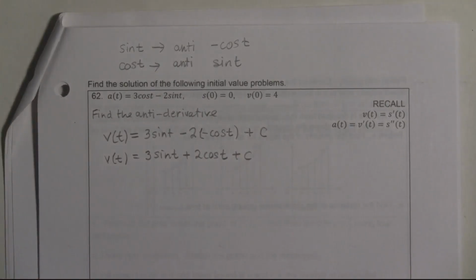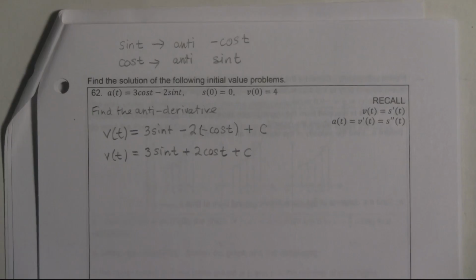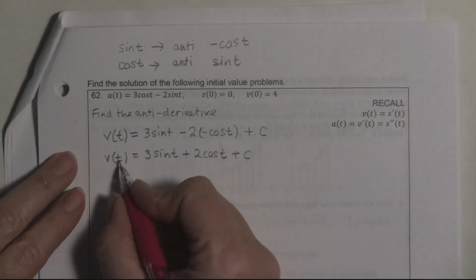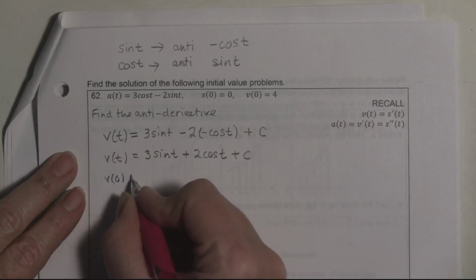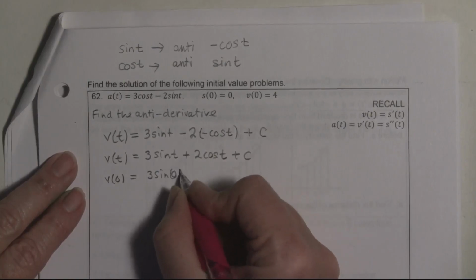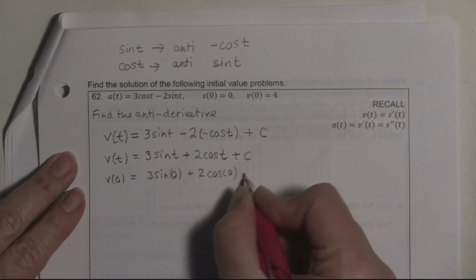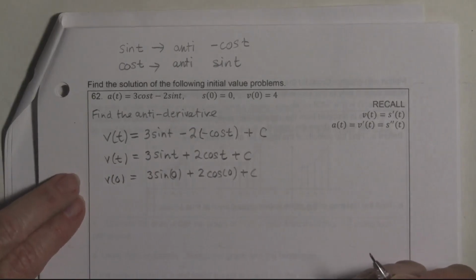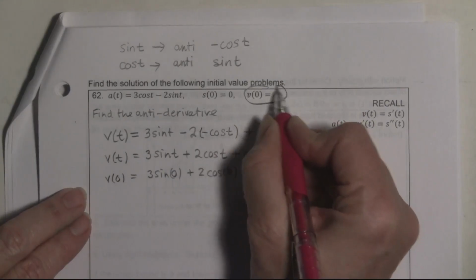And they told me when t is 0, v at 0 equals 4. So if you were to put in 0 for t, v at 0 equals 3 times sine of 0 plus 2 times cosine of 0 plus c. And what they said that v at 0 was equal to is 4.